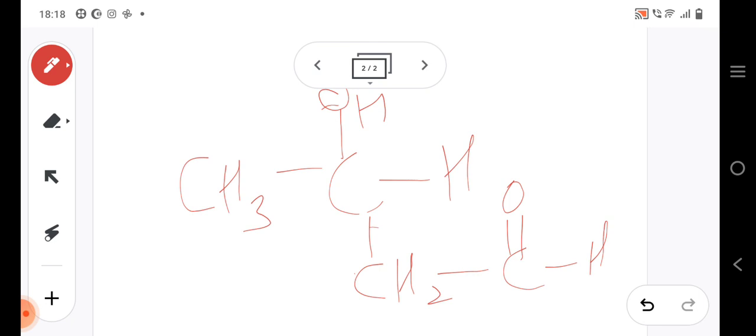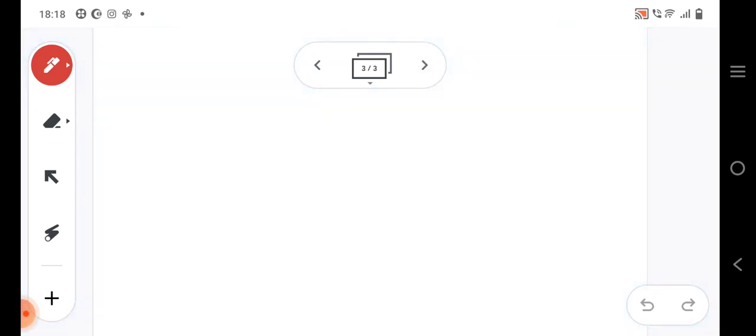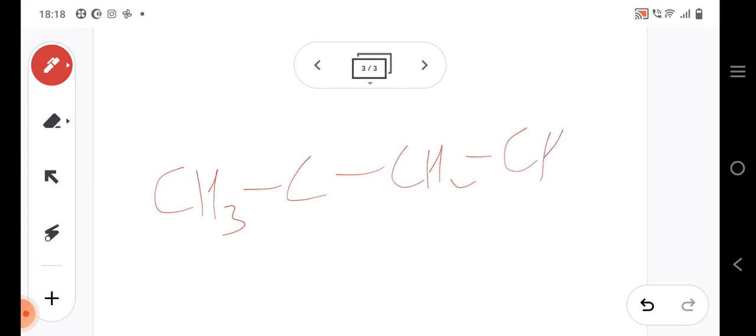Let me just write it in a way that you can understand. The compound that I showed you right now is CH3, please see, CH2, CHO, and then we had OH attached here, and then we'll have one H. This is the compound.